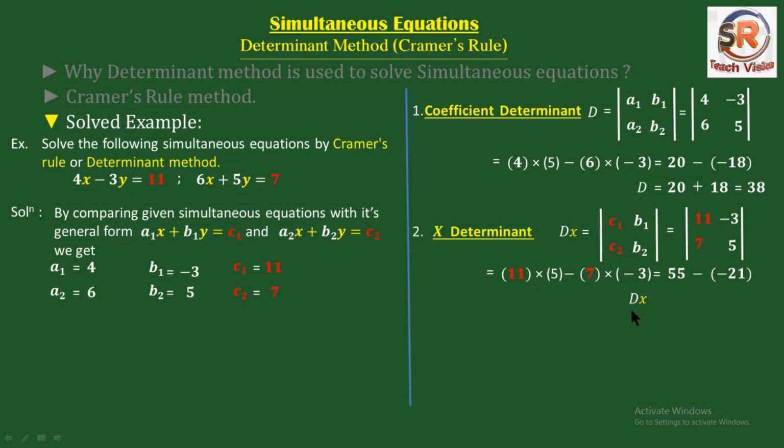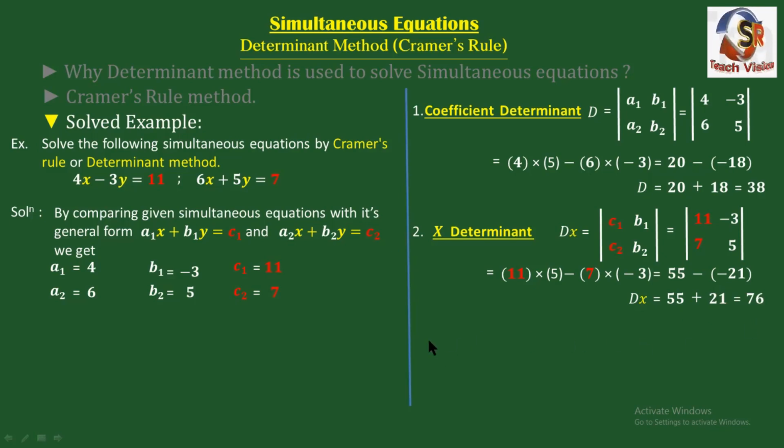Minus into minus becomes plus 21, and this gives the value of Dx, which is 76.